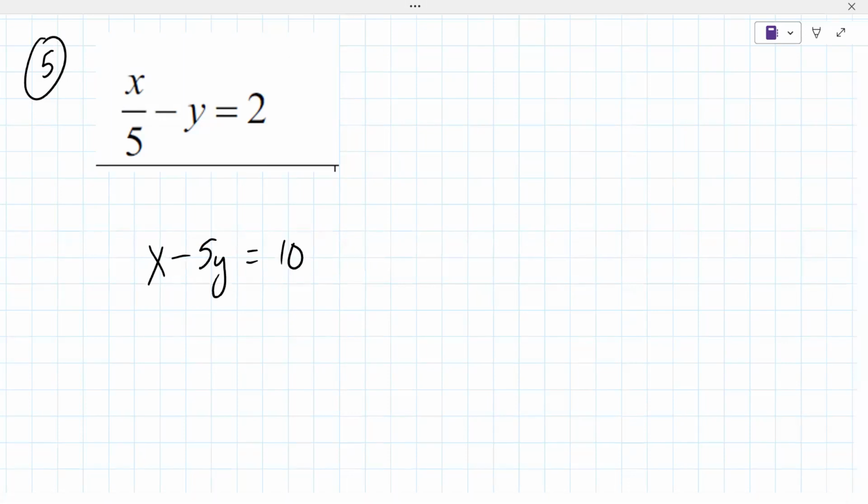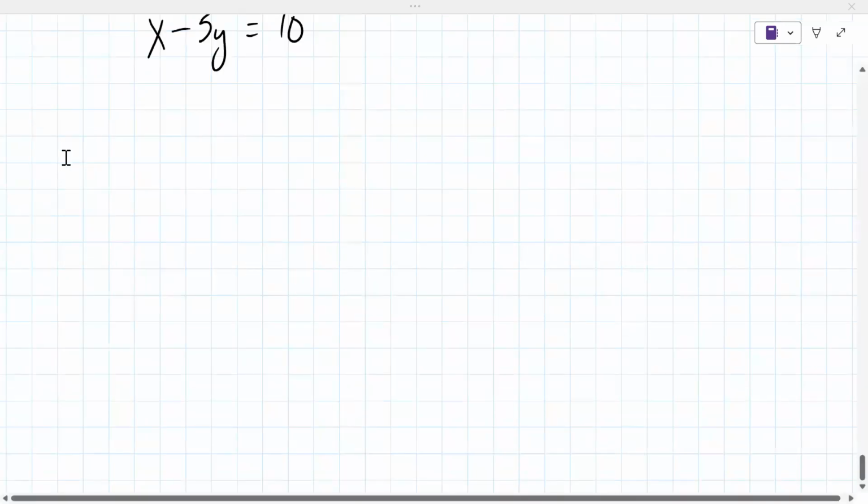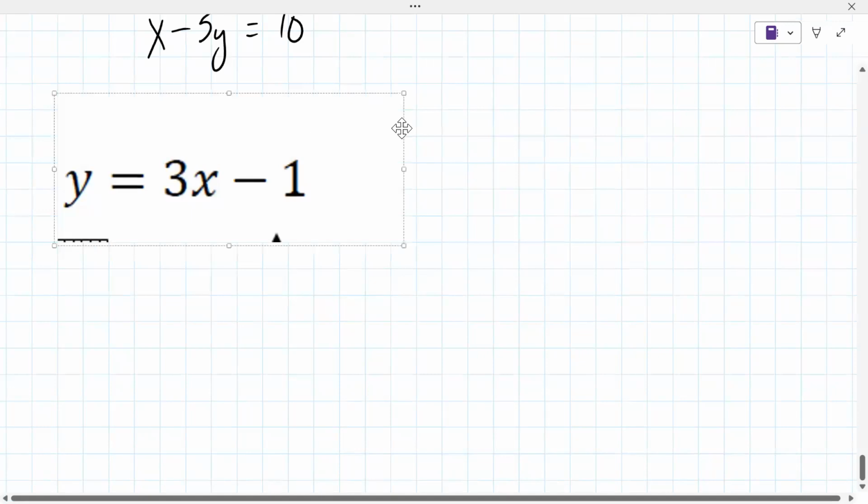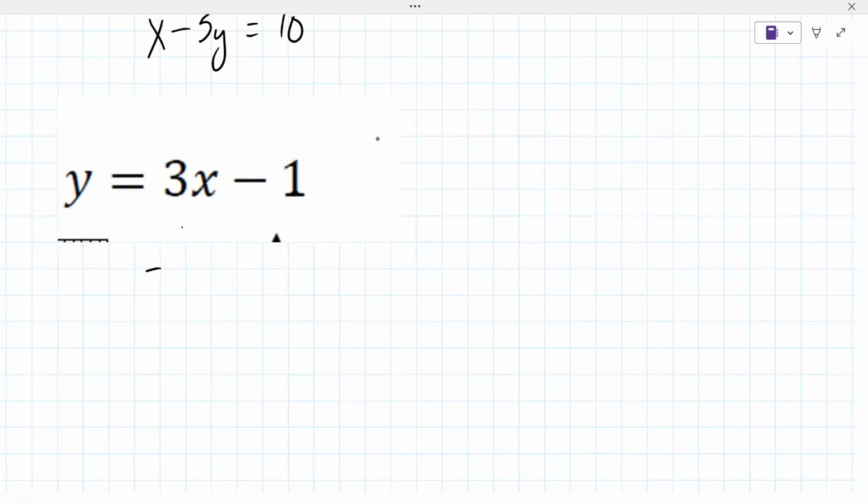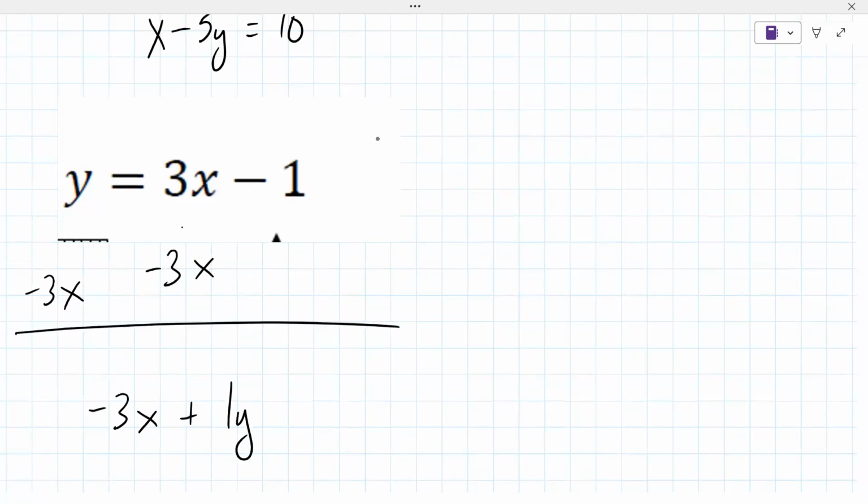So the other types of problems you'll see, there's a bunch of these we can do, but let's just do this one. This is not a great example, but it's the same thing: put this in standard form. Generally you move left, so you subtract 3x from both sides and write minus 3x plus 1y equals -1.